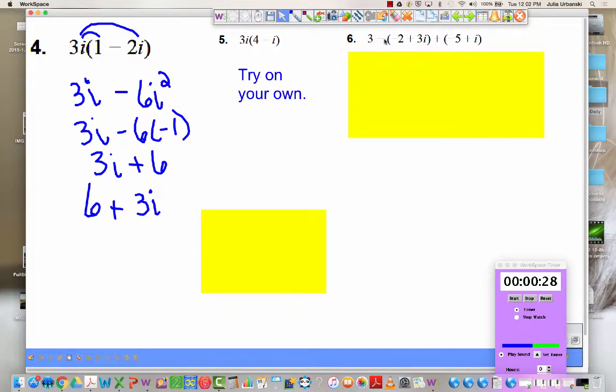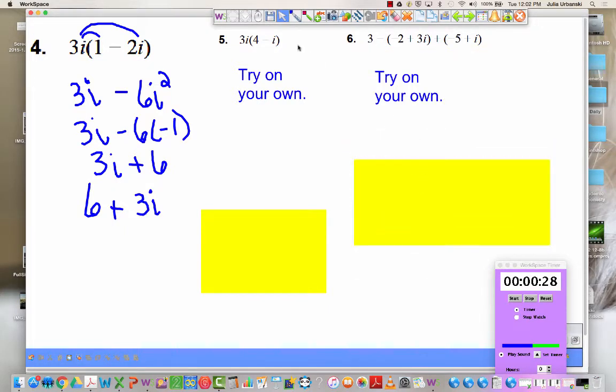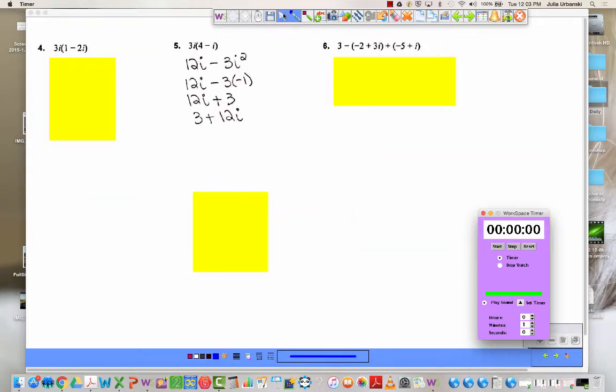Is there anything to multiply here? No. There's a negative to distribute, that's right. So make sure you make this 3 plus 2, and then what does this one become? Minus 3i, and then minus 5, and then plus i. Make sure you deal with the negative that's in front of the parentheses there. 30 seconds, go.